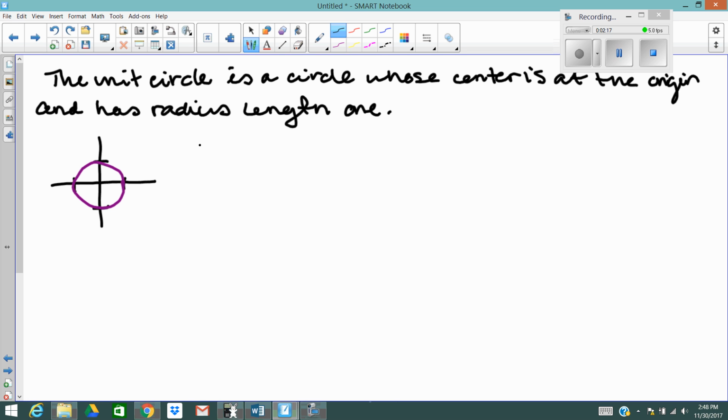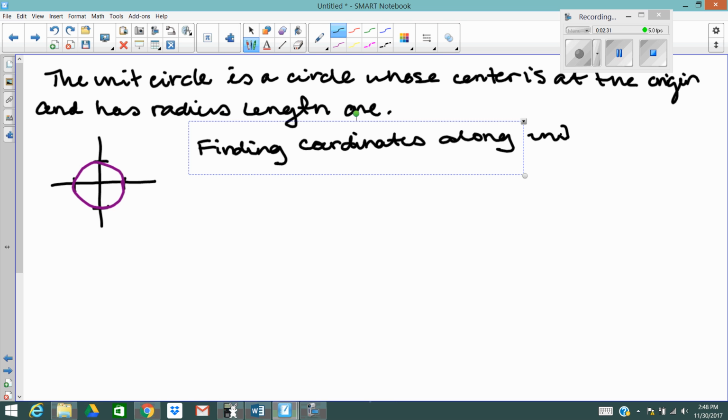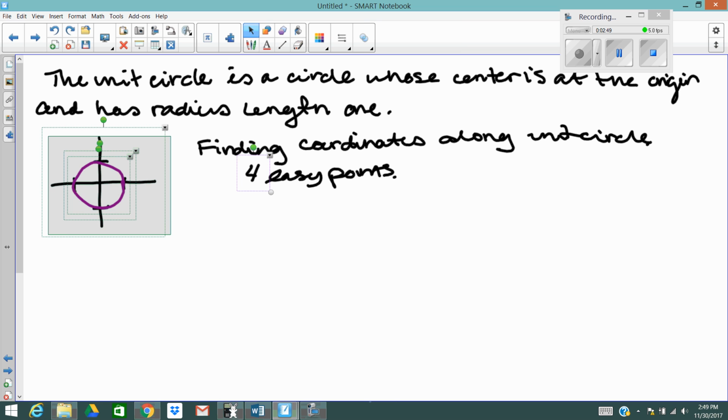So how do I find coordinates along my unit circle? Well, right off the bat, there are 4 easy points, the 4 points that I plotted. Let me make this bigger.